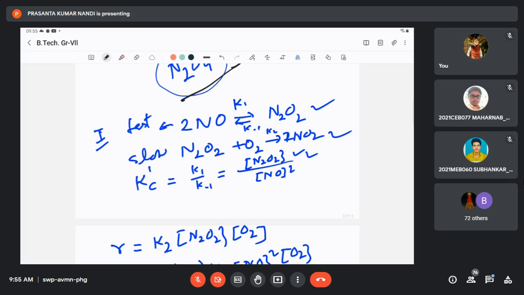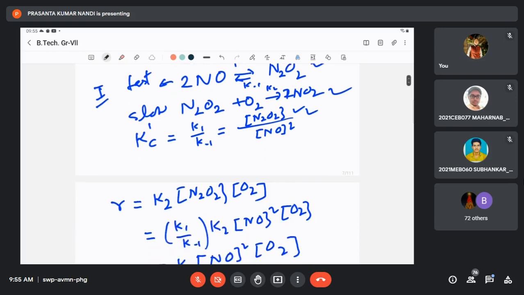You know how to write the equilibrium constants for the first step. Since the second step is slower, the overall rate of the reaction depends on the slow step, so overall rate equals K2 concentration of N2O2 and O2.